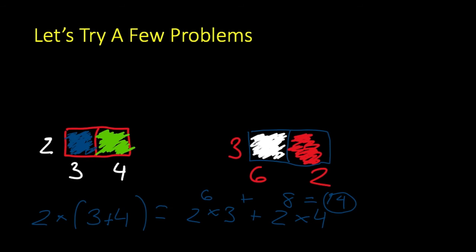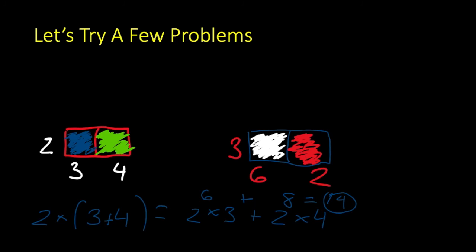And your mind might be confused right now. You might be thinking, oh my gosh, this is so confusing. But it's really not. So basically you do the area and the length and this number. So you do 2 times parentheses 3 plus 4. And then basically you just do 2 times 3 and 2 times 4. Sorry, let me draw that a little better. You guys can see it clearly.